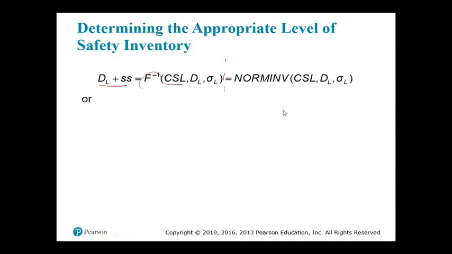And in Excel, this is also easily realized through this NORM.INV function, in which you input your CSL as the first input, the mean second, and then standard deviation third.